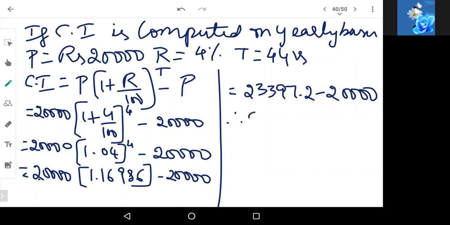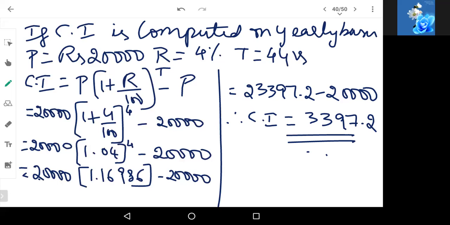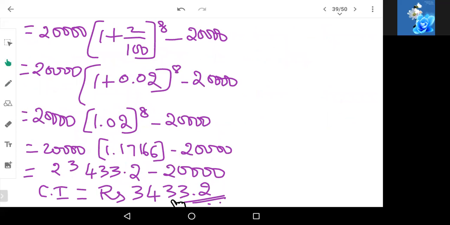Therefore, compound interest is 3,397.2. So if you charge annually, the compound interest is 3,397. If you charge half yearly, the compound interest is 3,433. So there will be a difference between the compound interest calculated annually, semi-annually, or any other format.